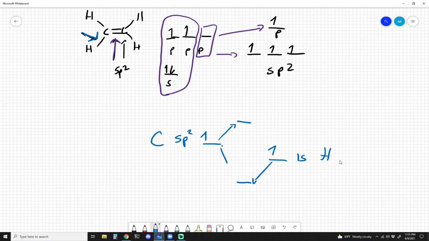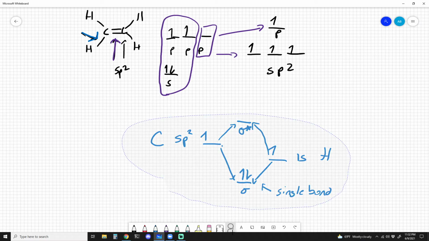The 1s orbital of hydrogen and the sp2 orbital of carbon combine to make your sigma bonding orbital and your sigma anti-bonding orbital. There are only 2 electrons, so those fill up the bonding orbital, which allows us to have a successful single bond. That's what we see in our structure, a single bond between carbon and hydrogen.